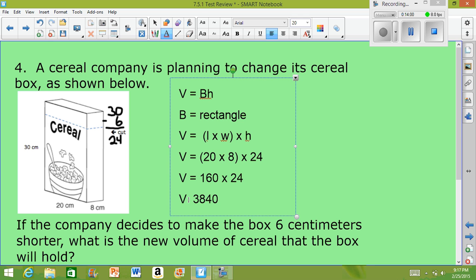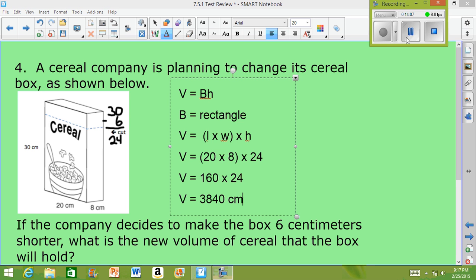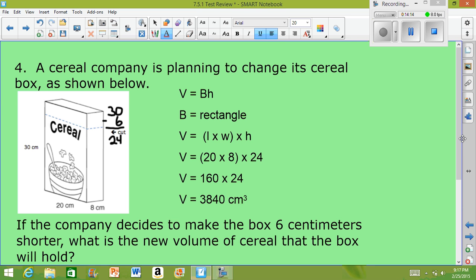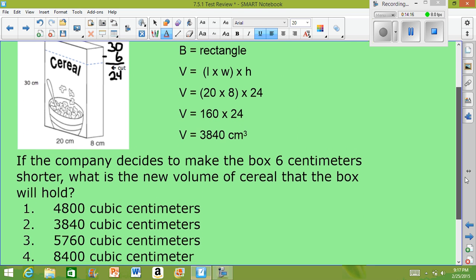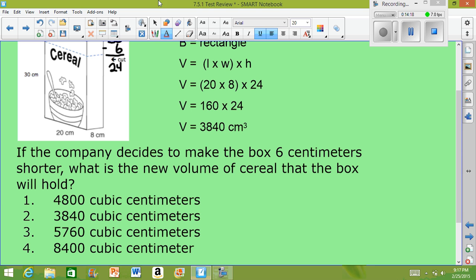So our volume of our box is 3,840 centimeters squared. Sorry, I said squared, I meant cubed. It's volume. So if we have a look down at the bottom, that matches answer choice number 2. So number 2 is the correct answer.